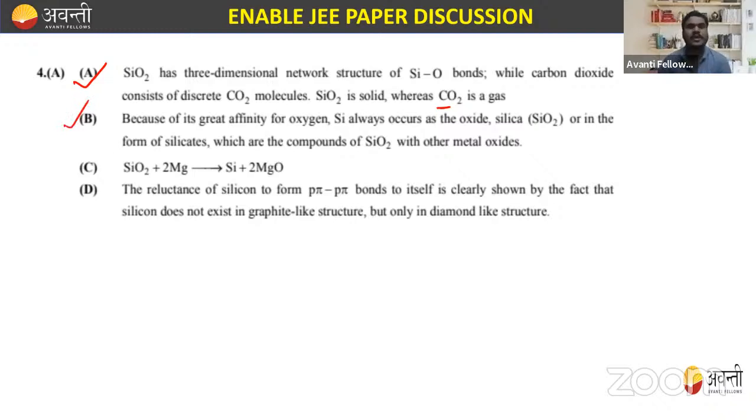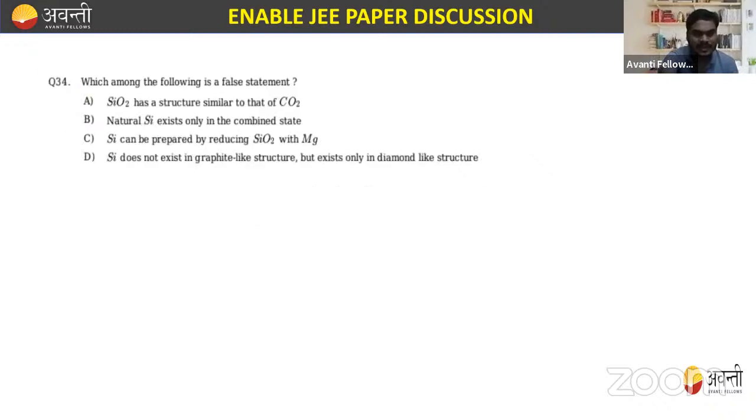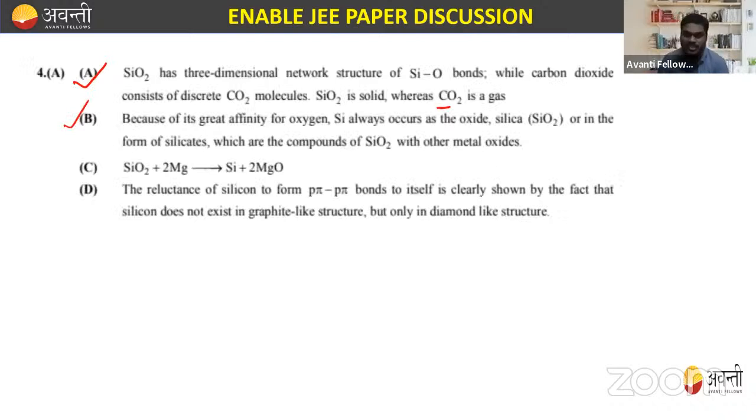Okay, if I'm talking about point B, because of its great affinity for oxygen, Si always occurs as oxidized silica, SiO2, or in the form of silicates, which are compounds of SiO2 with other metal oxides. So this is correct. SiO2, whenever it is treated with magnesium, forms Si plus 2MgO. So we can say that it can be prepared by reducing SiO2 with magnesium.